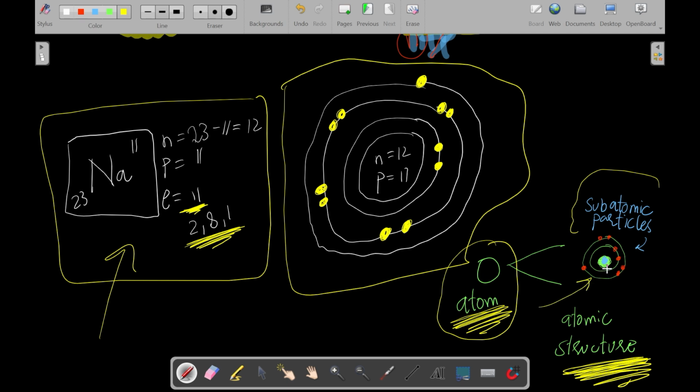As you can see, the neutrons and protons are in the nucleus, whereas the orbits contain the electrons. So when you are able to calculate the number of neutrons, protons, and electrons by looking at this elemental notation, the second question arises: how is the atomic structure going to be for this particular sodium?